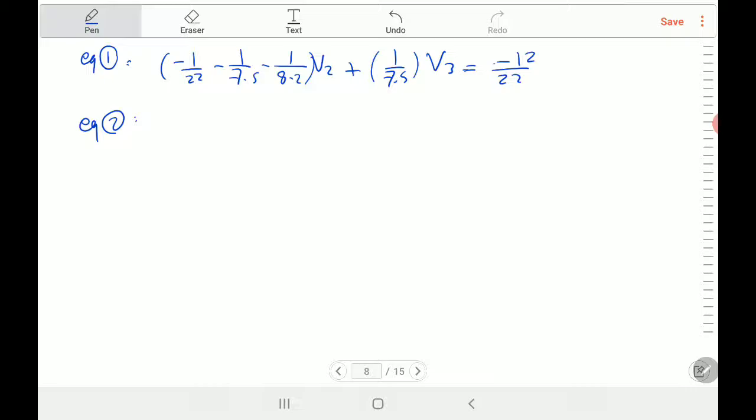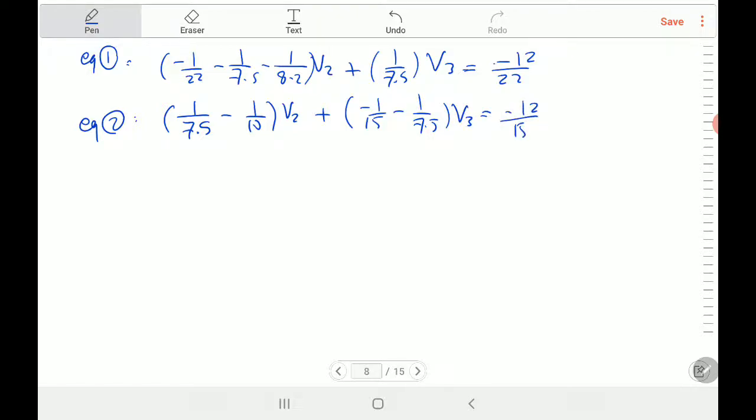Equation number 2, after substituting, I got 1 over 7.5 minus 1 over 10 V2 plus minus 1 over 15 minus 1 over 7.5 V3 is equal to minus 12 over 15.